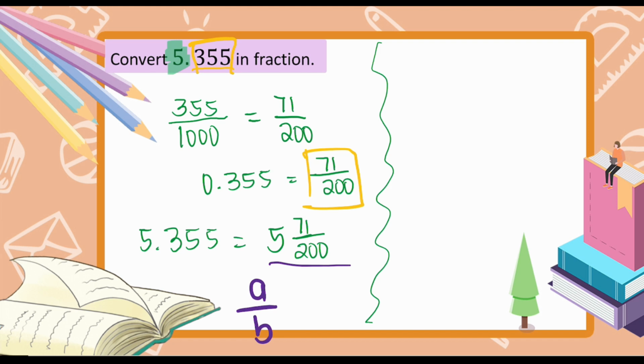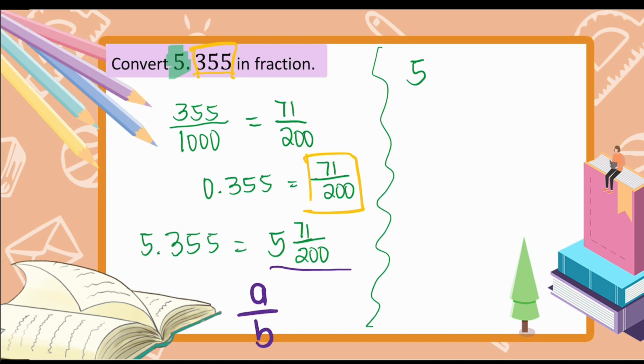So, papaano? Okay? So, we have here 5 and 71 over 200. We have to make it an improper fraction. So, ang gagawin mo dito, you have to multiply 200 by 5, then add 71.